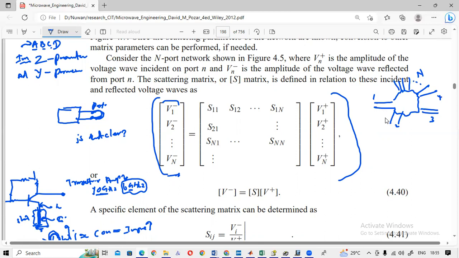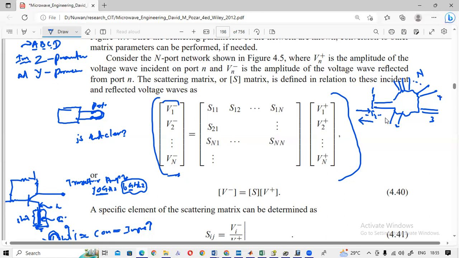You know that if a voltage signal comes to a port and the impedance is not matched properly, some portion of the incoming signal will be reflected. So it creates a standing wave.